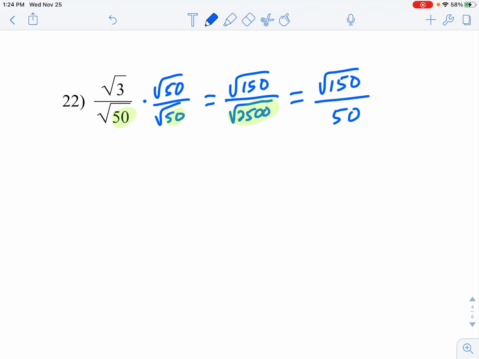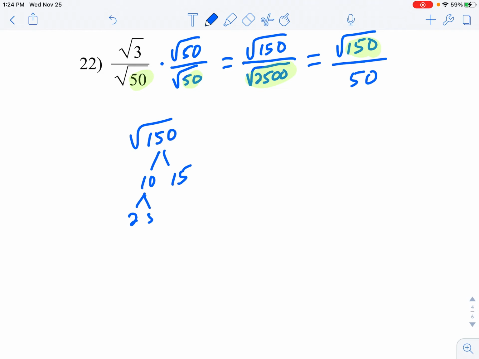Now, can you reduce these? No, one's radical, one's not. Can I simplify square root of 150? That's 10 times 15, right? And that's 2 times 5, and that's 5 times 3. And I do have a pair of 5s there.